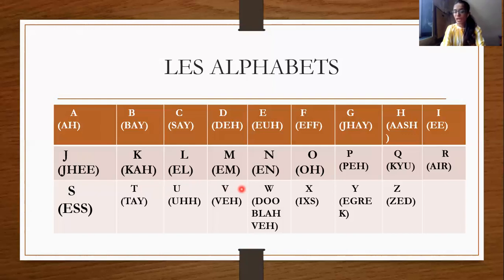The letter V is pronounced as way. Letter W is pronounced as dubla way. Now what is dubla way? It's just like double V. Dubla way.